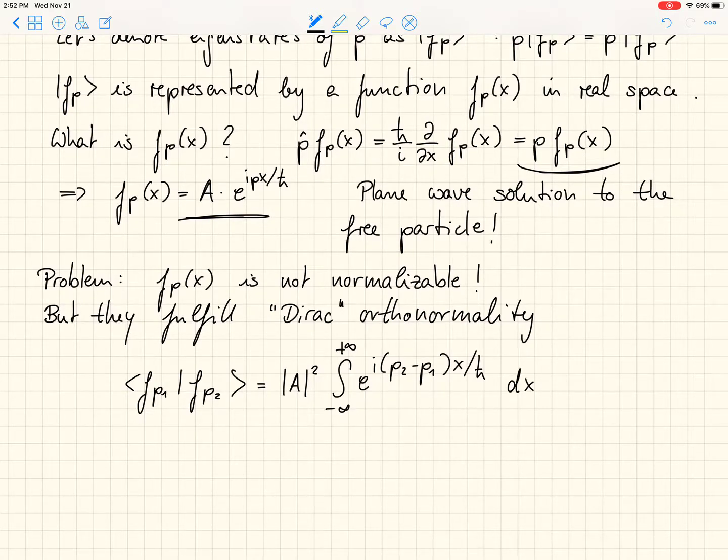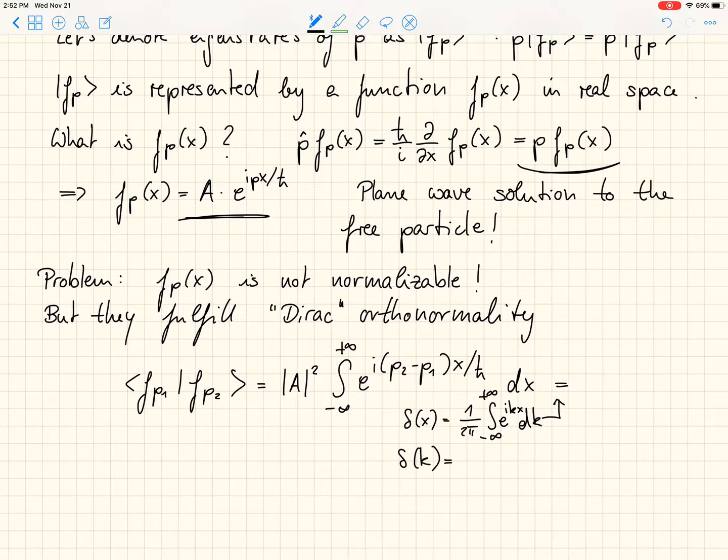And we know that this is actually proportional to the Dirac delta function, using that delta of x is equal to 1 over 2 pi times the integral from minus infinity to infinity of e to the ikx.